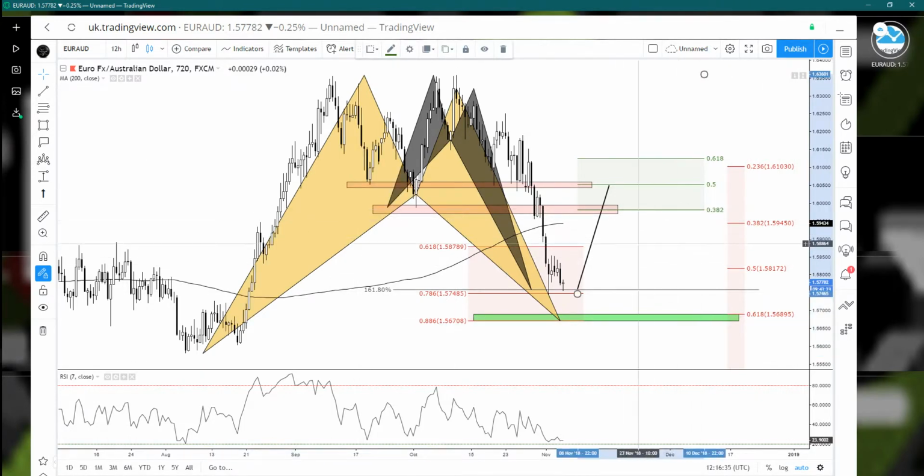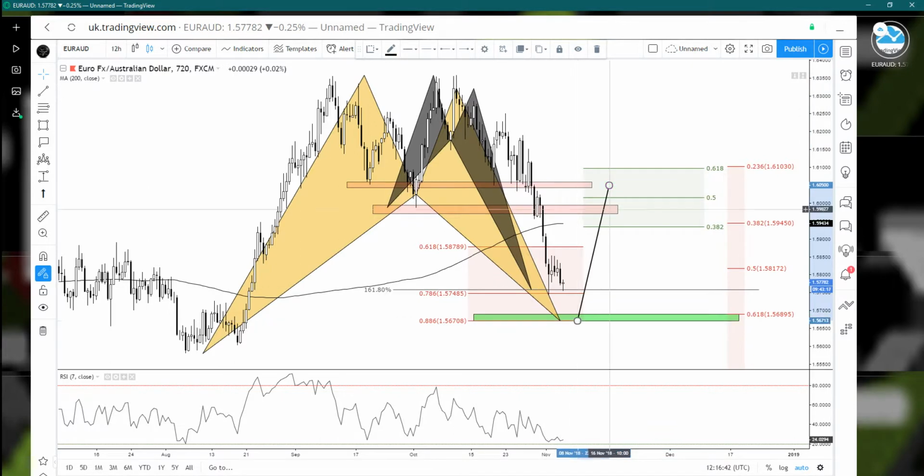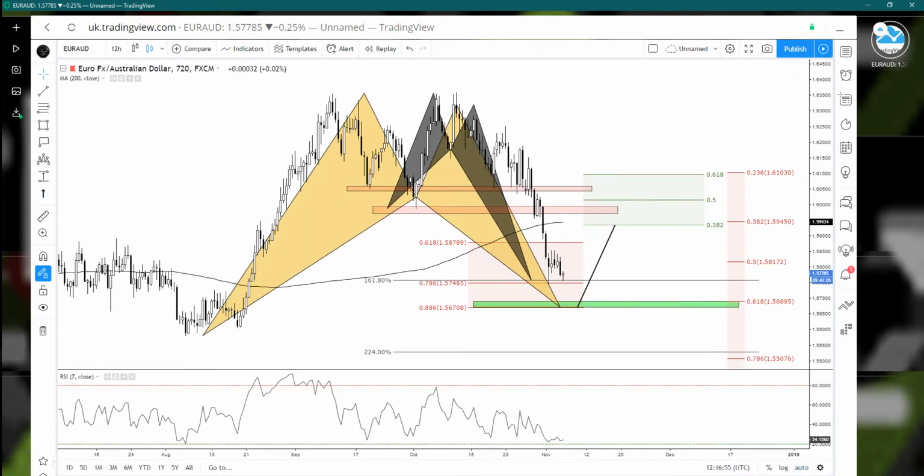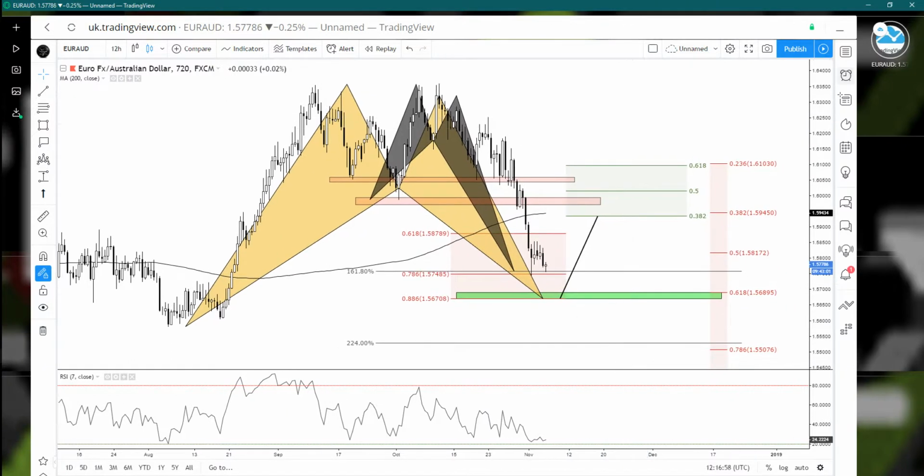That one is the one that I will search for, because again it will offer me the best risk reward opportunity to trade. Stop losses positioned below, we will target the 38% retracement, and as you can see, it will be possible to engage the market with a friendly risk reward approach.